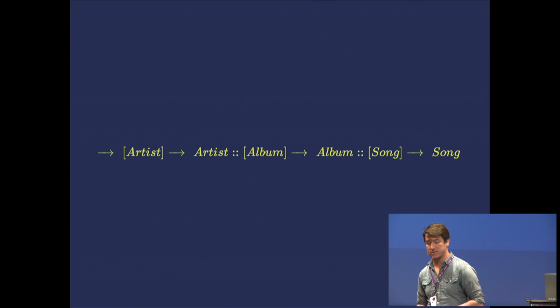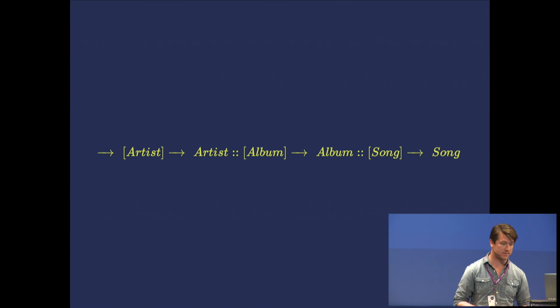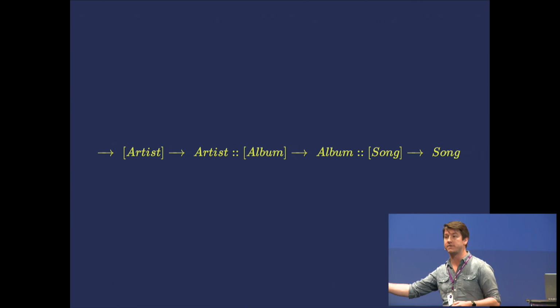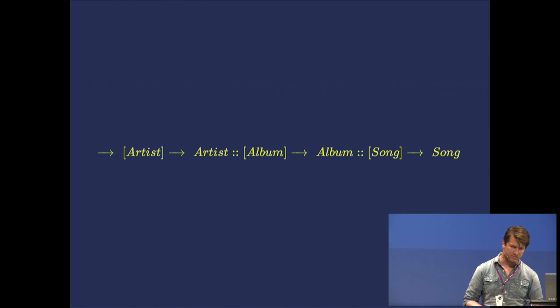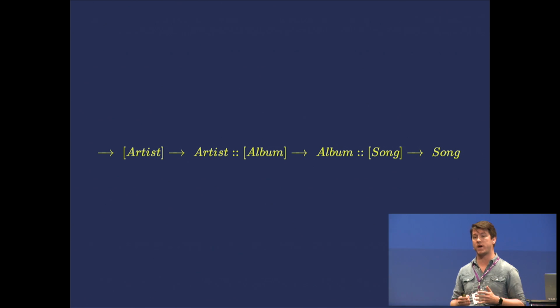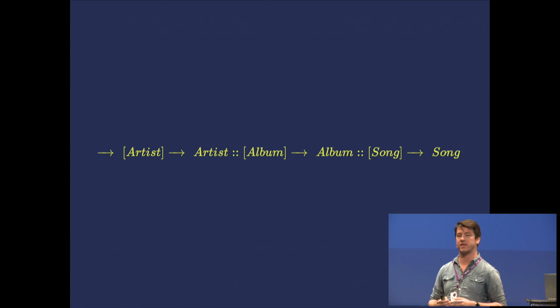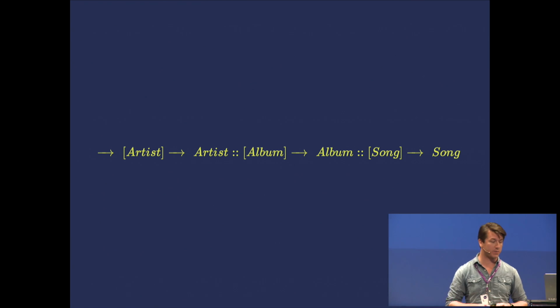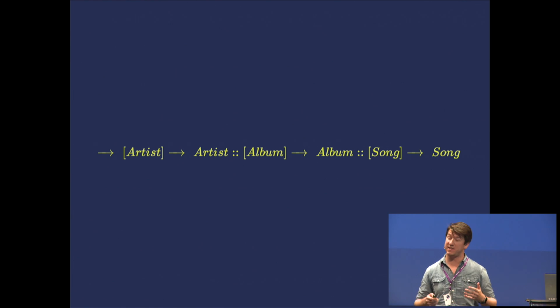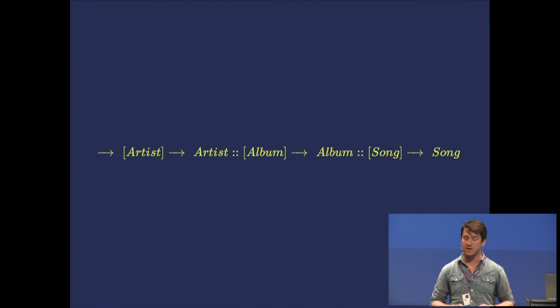An artist has albums. An album has songs. And you can see the data flows from left to right. In this diagram, we only have one-way arrows. We're not intertwining everything. We're not complicating everything by relating things back to one another. Sure, your song may know what album it's from, but does it need to communicate that up to the album model?